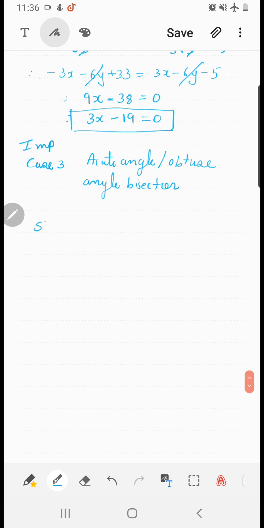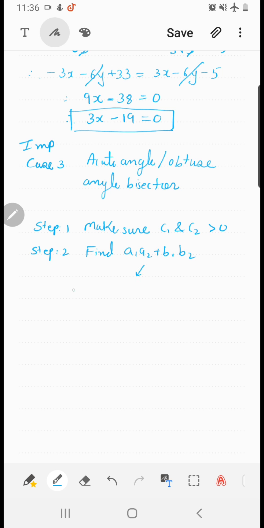Okay, step number 1, which remains same, make sure C1 and C2 are greater than 0. In step number 2, we will find A1 A2 plus B1 B2.